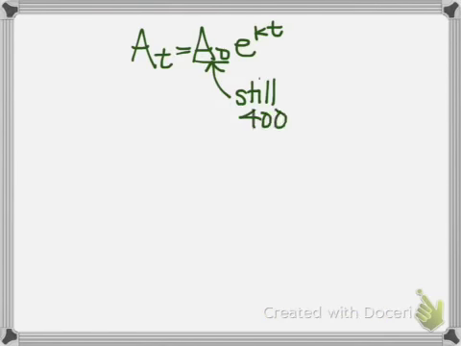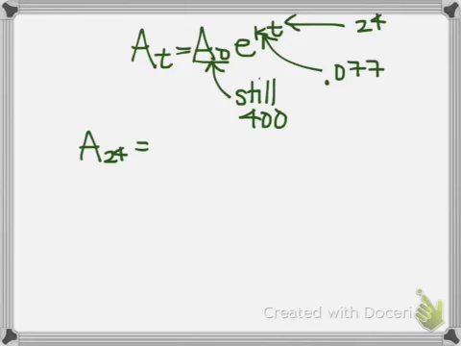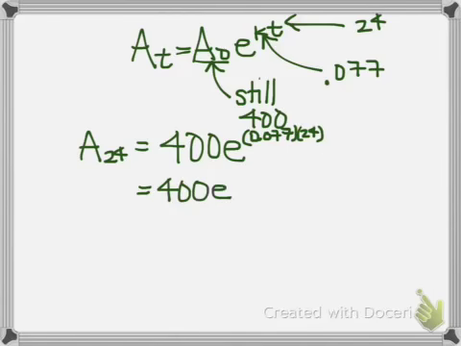We know that we started with 400, so the a sub 0 is not going to change. K is 0.077, and we want to know 24 hours later because it says noon the next day, so time is going to be 24. So our unknown is a sub t, or a sub 24, which equals 400 times e to the 0.077 times 24.